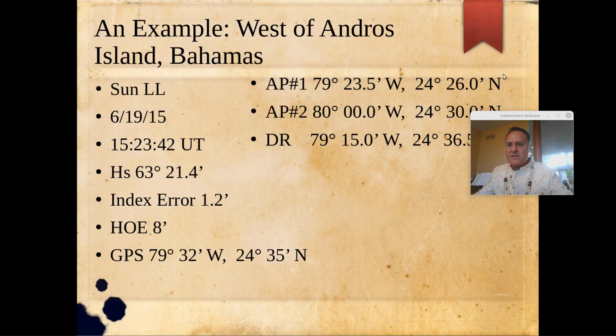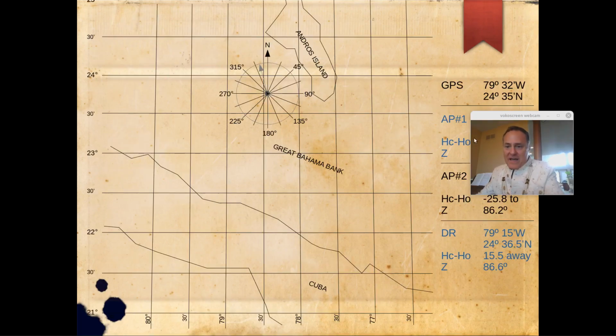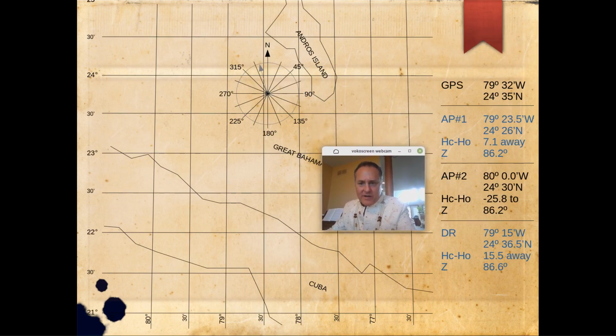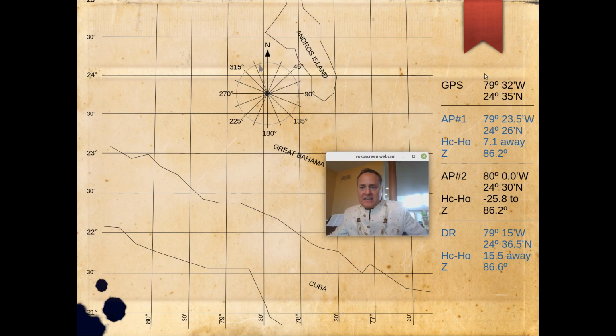Slideshow, start from current slide. So here we've got a map. I'll put me right about here so you can see. That's our actual GPS coordinates, 79 32 west, 24 35 north. We're going to do this first one here.